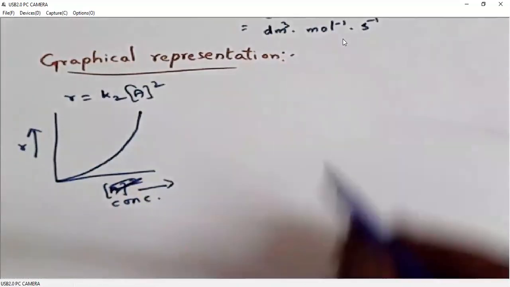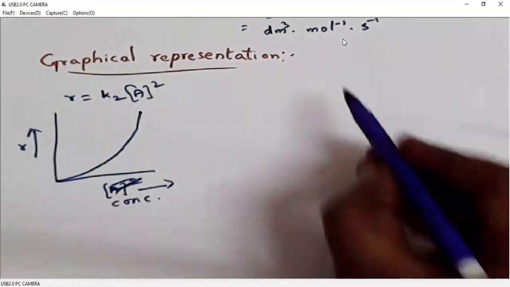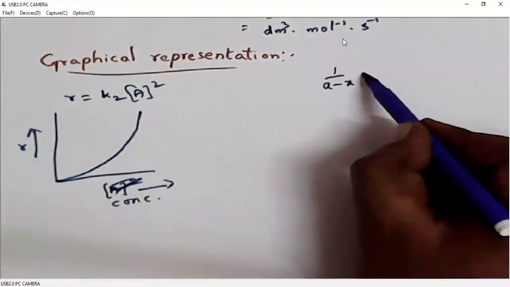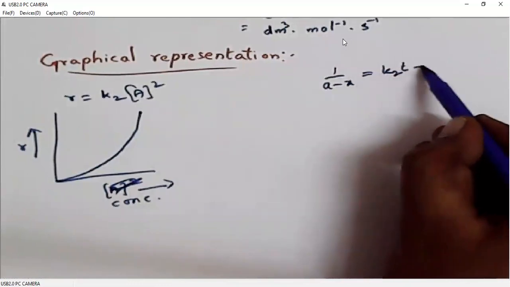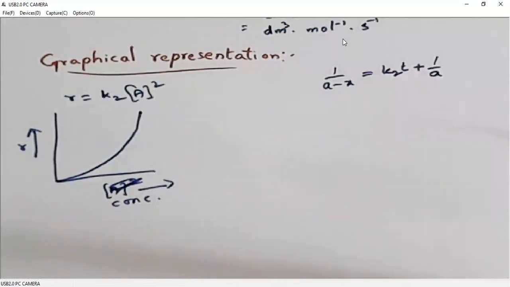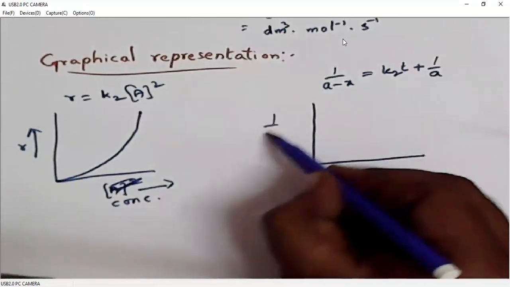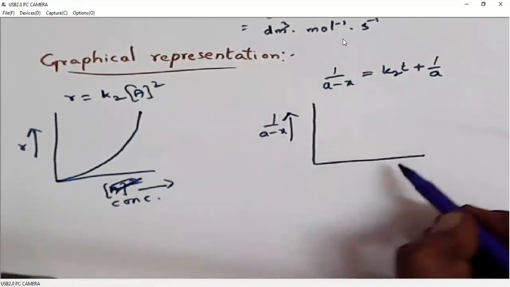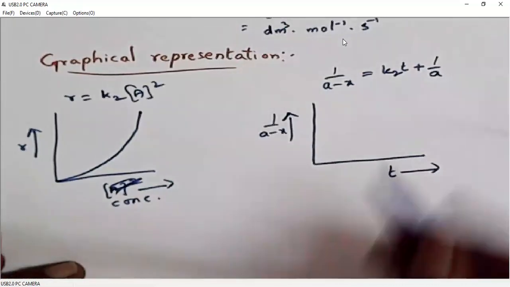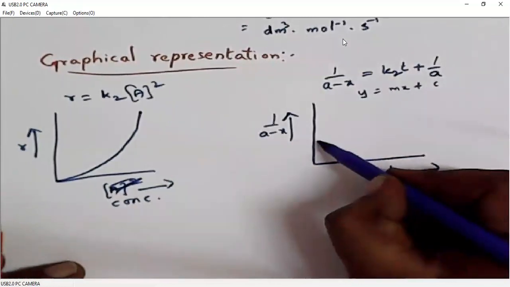We can also use the integrated rate expression for a graphical representation. So 1 by (a minus x) minus 1 by a is equal to k2 into t. This minus 1 by a, we will take to the other side, so we are rearranging it. Now, if we draw a graph of 1 by (a minus x) versus t, it represents y is equal to mx plus c, so it is a straight line graph.